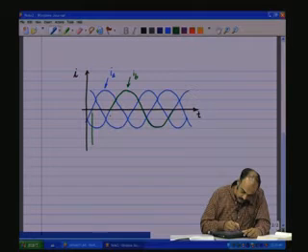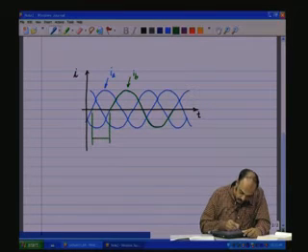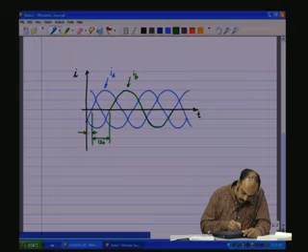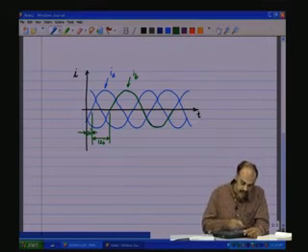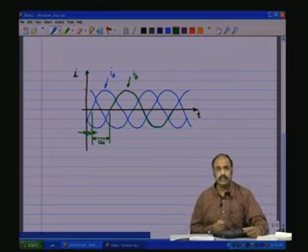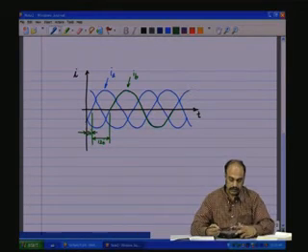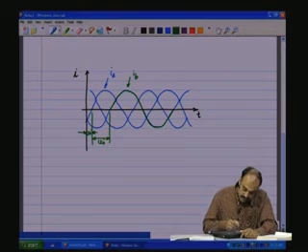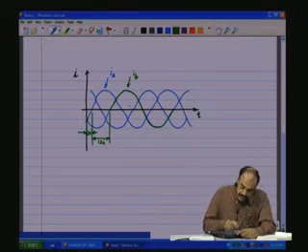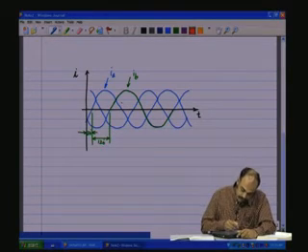This is 120 degrees. Now, this would be 30 degrees. See that IA is lagging the reference. In this case, the reference would be the line voltage, let us say. It is lagging by 30 degrees with respect to the line, and let us take the red waveform for IC.